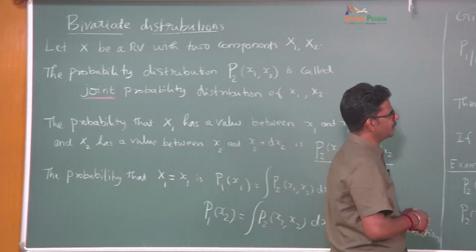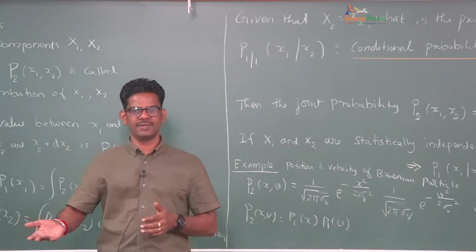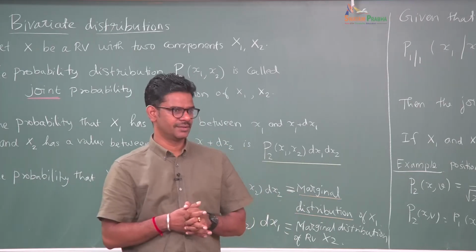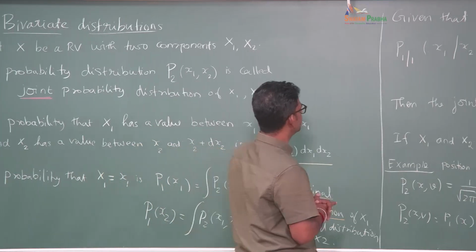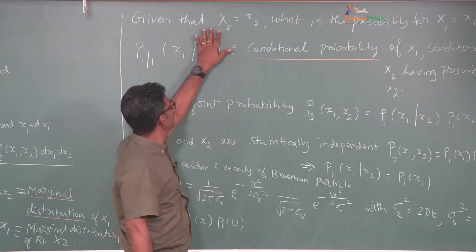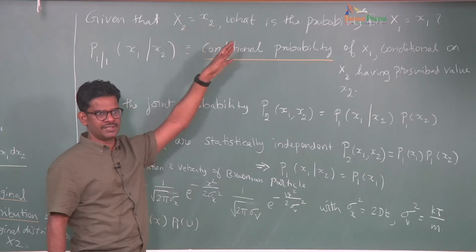Then there are other scenarios where sometimes we specify the value of one variable and ask for the probability of finding the other variable. So we are going to condition the statement. Let's say I am specifying the value of x2. The random variable X2 is taking a particular numerical value, it is given, it is prescribed.